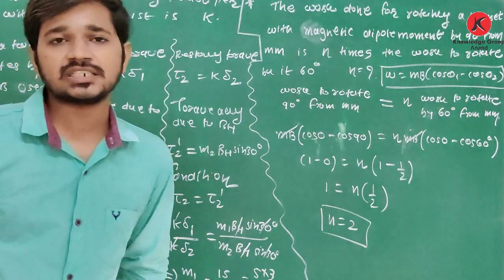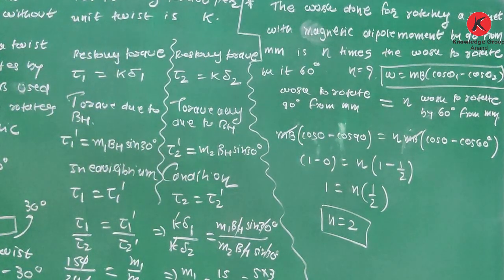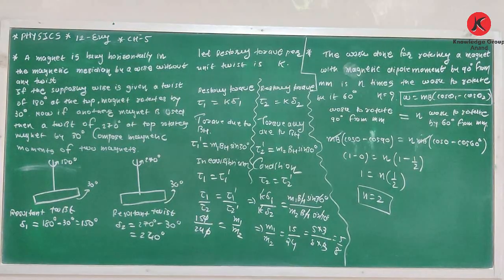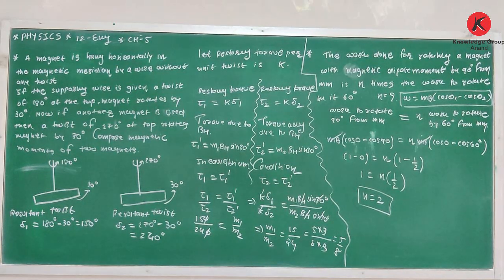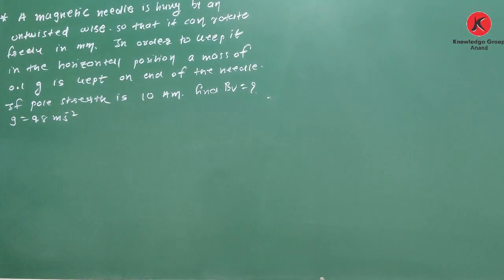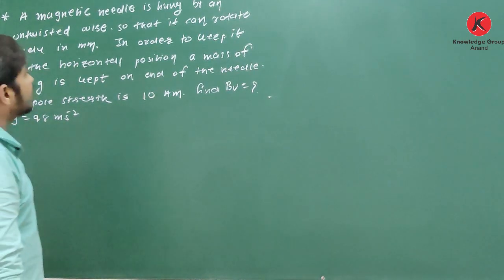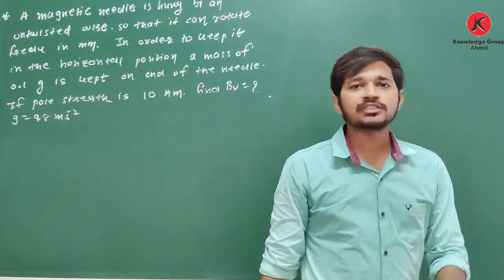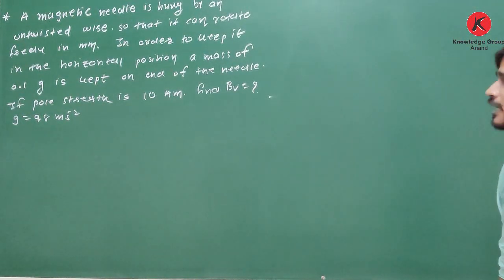Now we will see another extra question. Next question: a magnetic needle is hung by an untwisted wire so that it can rotate freely in magnetic meridian.